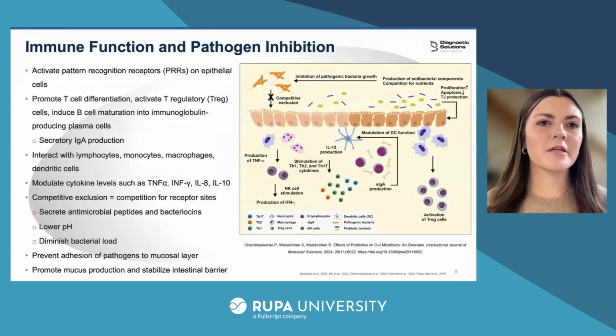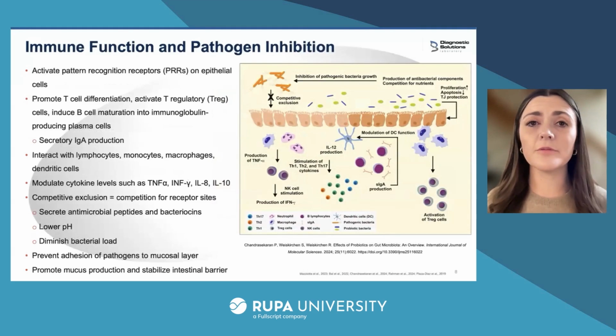Looking at the immune system in a little bit more detail here, probiotics can interact with our immune system in a variety of ways. They can activate pattern recognition receptors on epithelial cells, promote T cell differentiation, and activate Treg cells, which helps to maintain homeostasis in the mucosa. They can help to induce B cell maturation, and the B cells produce immunoglobulins such as secretory IgA.